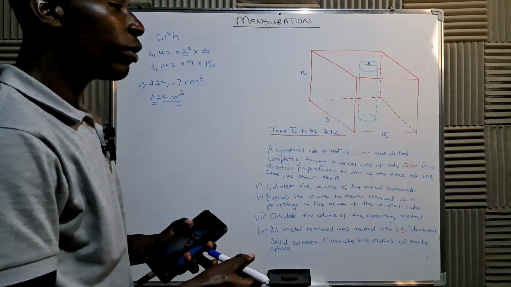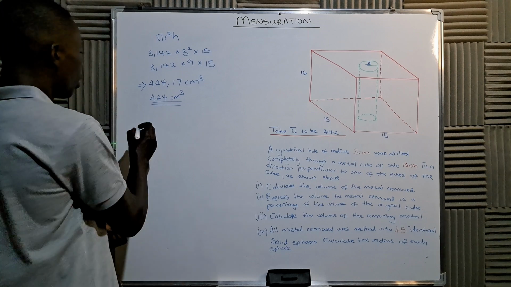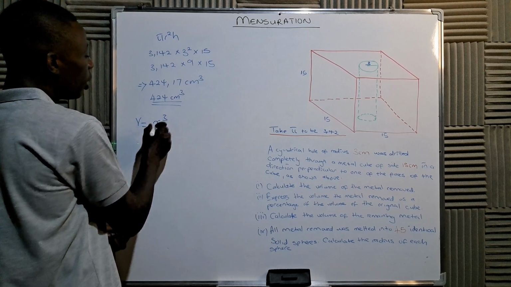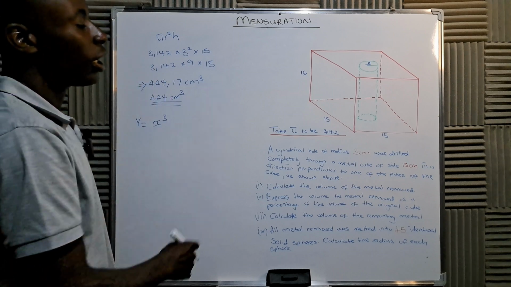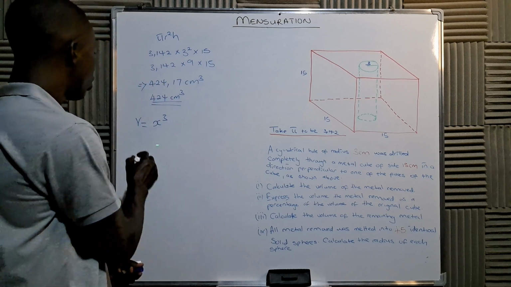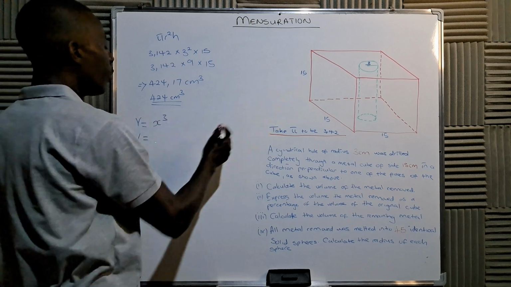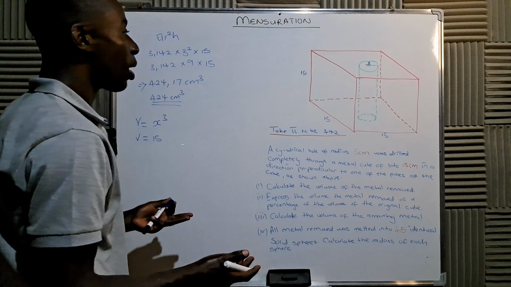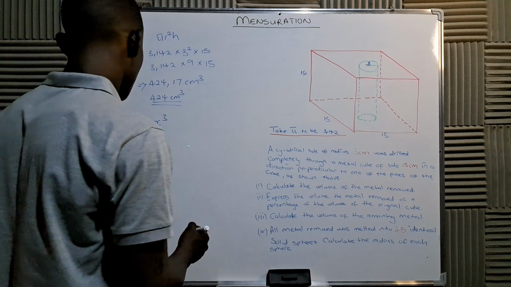So the formula for the volume of the cube is volume of the cube is equal to x cubed, where x is any side of the cube. So V is equal to, here we have 15 because the cube has equal sides. So it's 15 cubed, or 15 times 15 times 15.